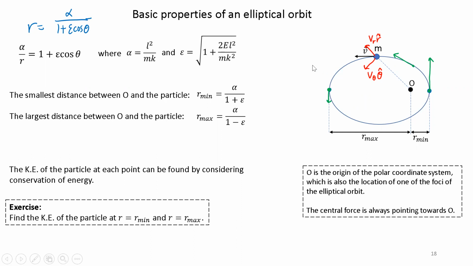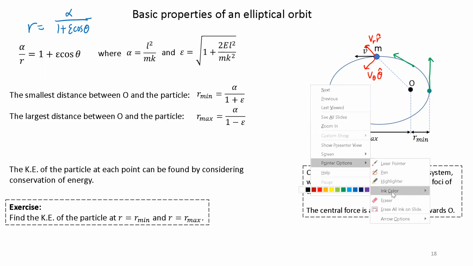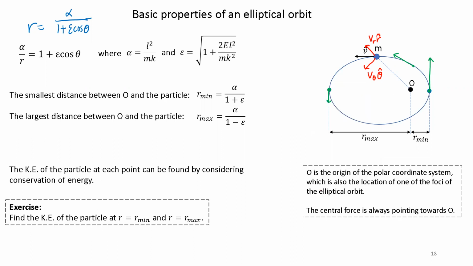If I draw the R direction and theta direction, at this point the R direction is this, and at this point the R direction is this.